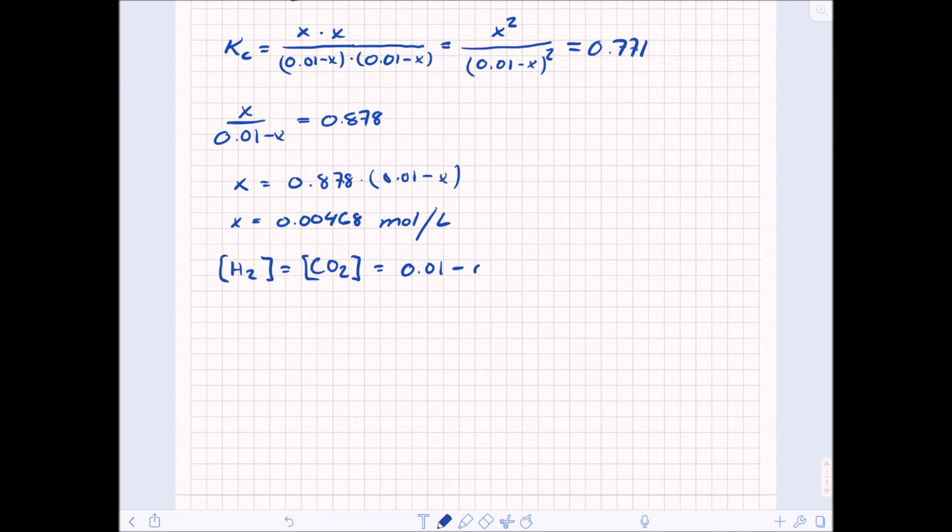And x we calculated to 0.0047, which will be 0.0053 mole per liter. And for the products, water has the same concentration as carbon monoxide, and that will simply be equal to x.